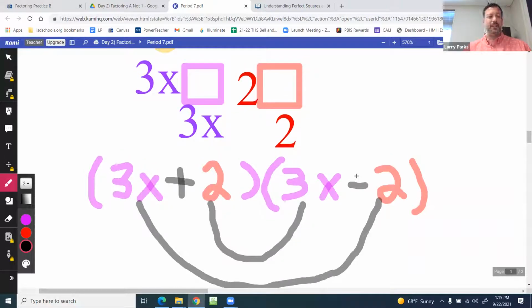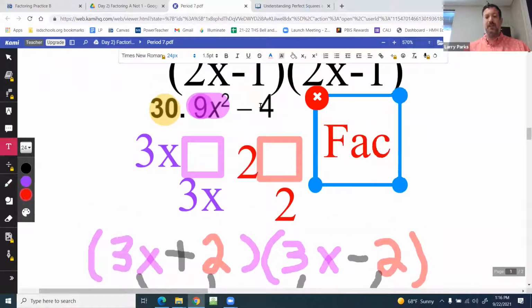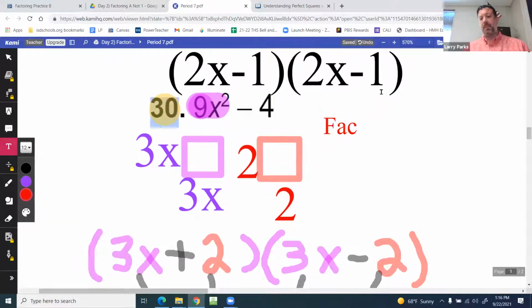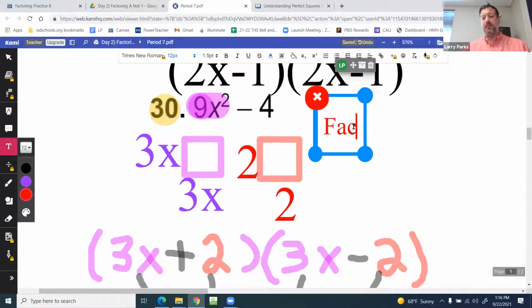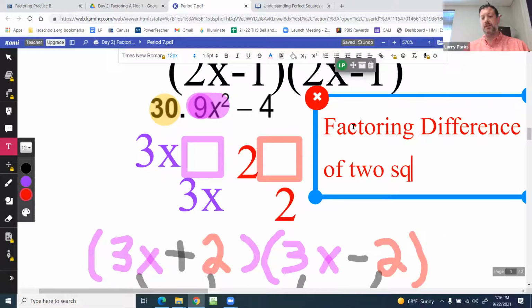So we call this, in case you want to go on YouTube and look for more, factoring difference of 2 squares. That's what that process is called.